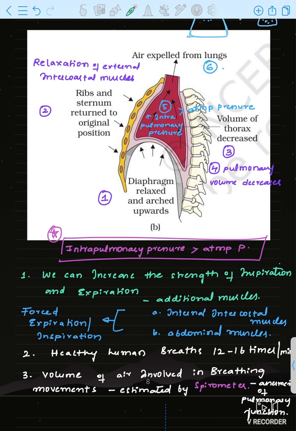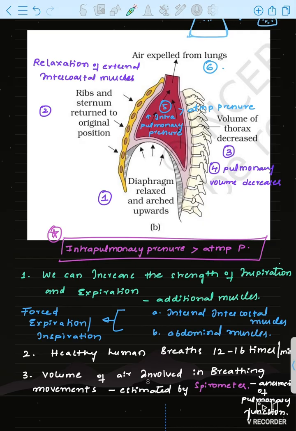When you are running, you need more air for breathing. Normally you are breathing, you won't even realize that you are breathing, because normally the diaphragm is contracting, external intercostal muscle is contracting, then diaphragm is relaxing, external intercostal muscle is relaxing. You don't feel it because this is normal respiration and breathing.